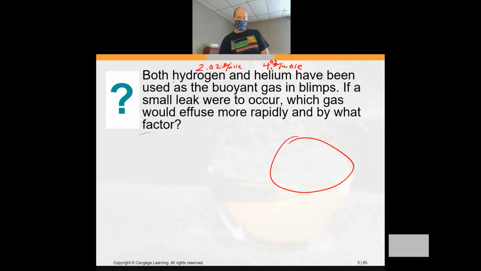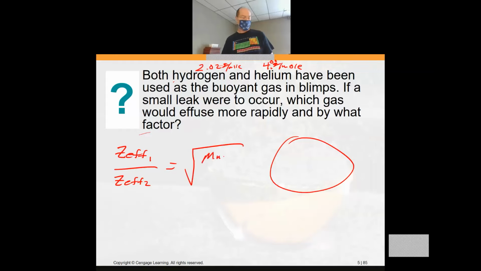All right, so the equation that is going to be given on the test for Graham's law of effusion is this. Z effusion, where Z is the rate of effusion of gas 1 divided by the rate of effusion of gas 2, is equal to the square root of the molar mass of gas 2 divided by the molar mass of gas 1.